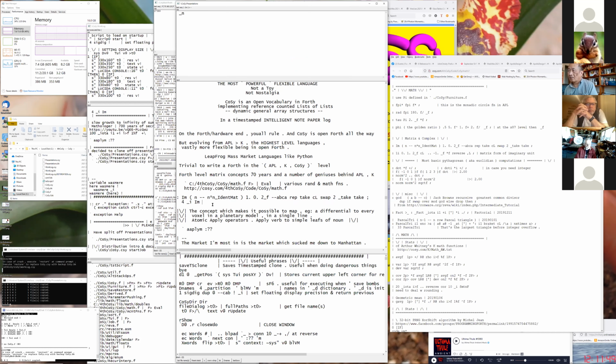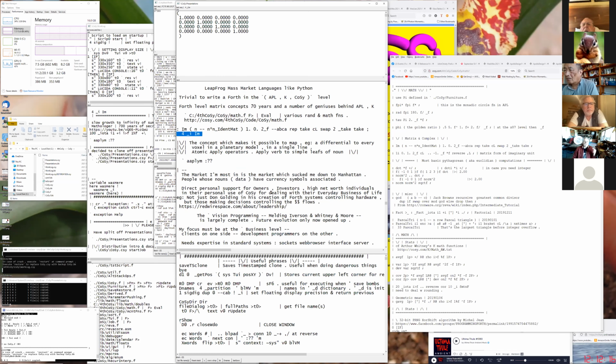I went and used this. When I typed that in and read the Forth, that goes on the x86 stack, and it takes this underlined I to convert it to a CoSy list, and then IM.